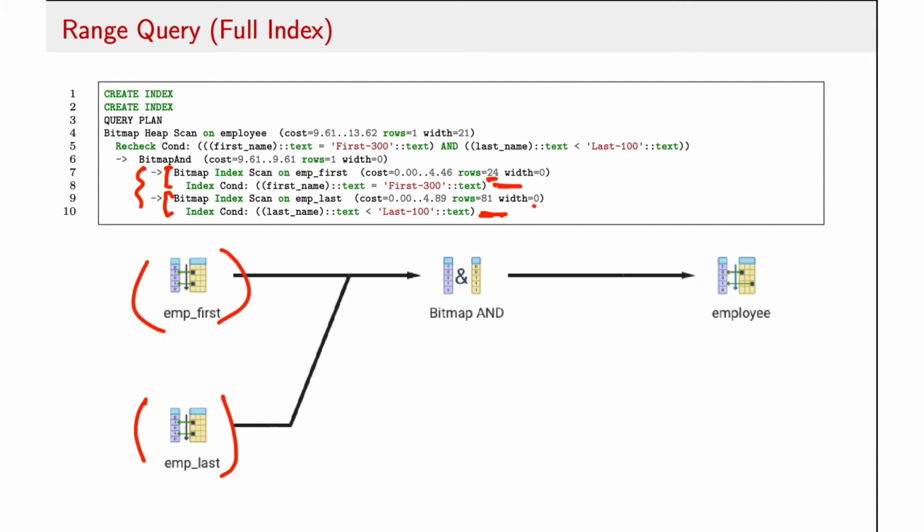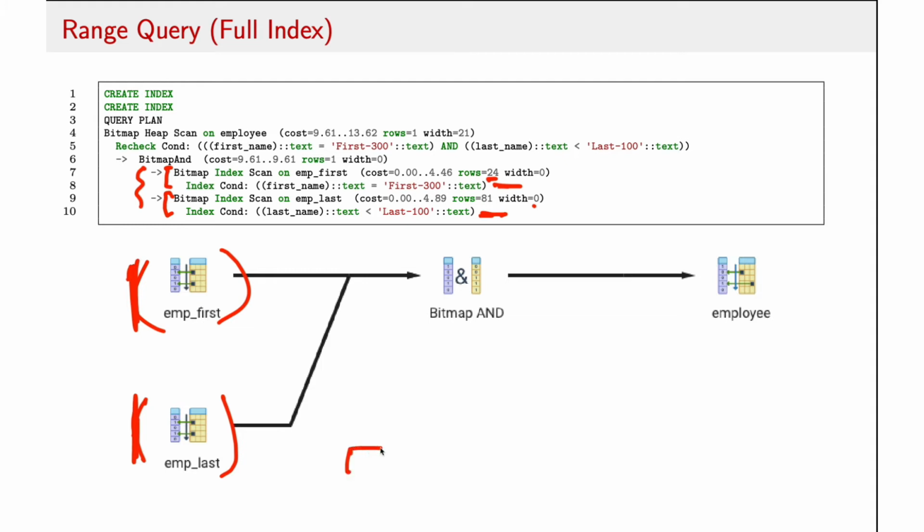Now, this is where this kind of bitmap thing comes in handy. If we represent in a bitmap those rows from the first name subquery and from the last name subquery, what we want to do is find rows that have both of those criteria satisfied.